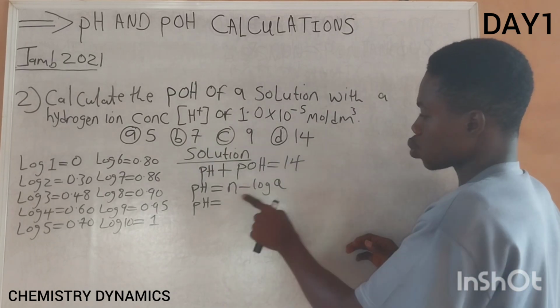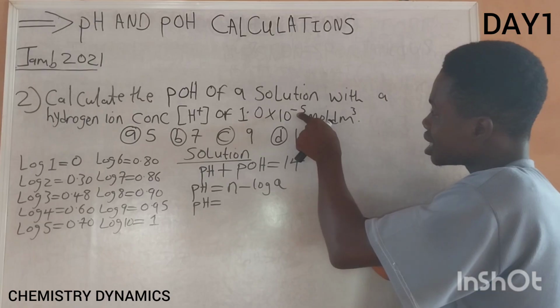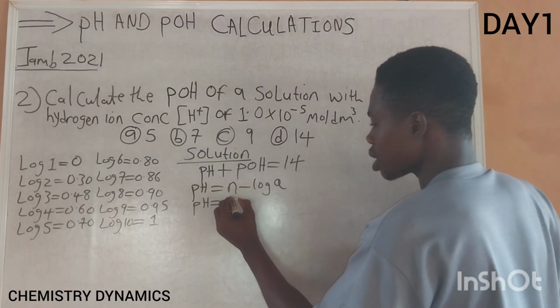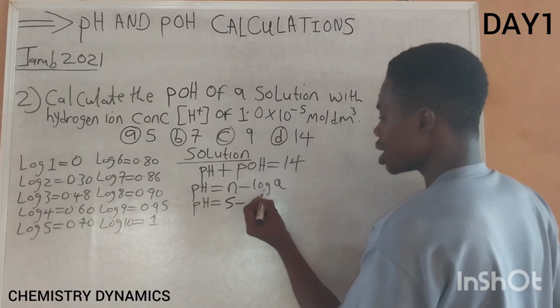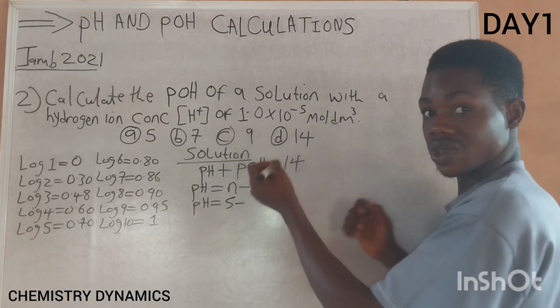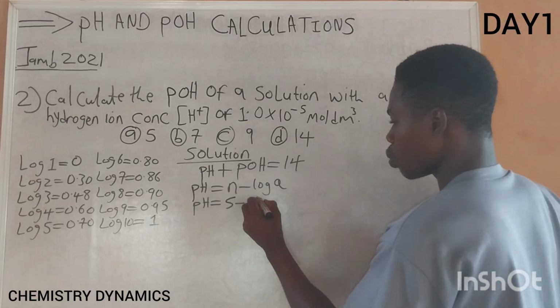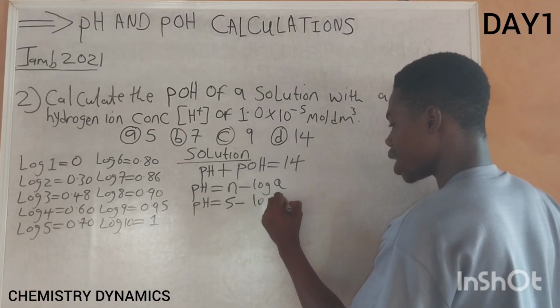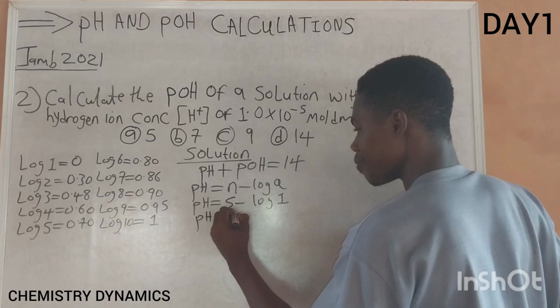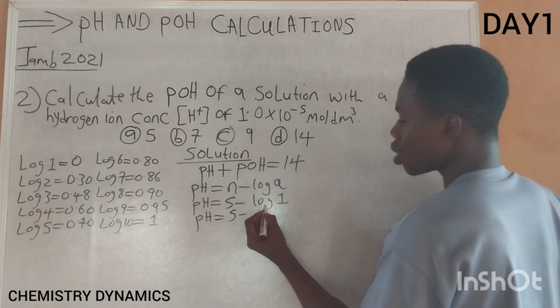Leave the sign attached to the power and just pick the value for the power. So it will be 5 minus log 1.0, which is associated as log 1. So therefore pH is equal to 5 minus log 1.